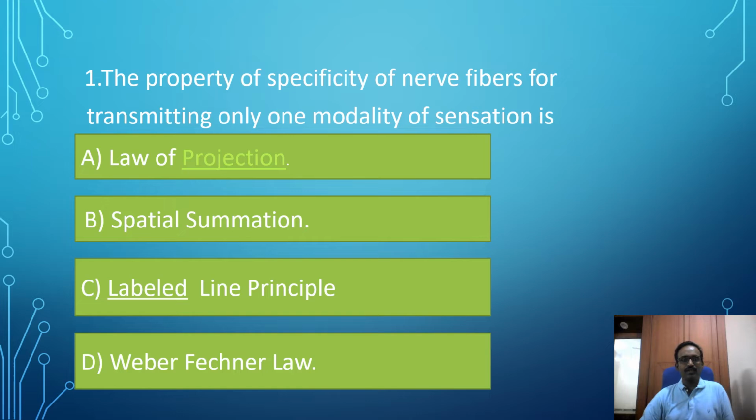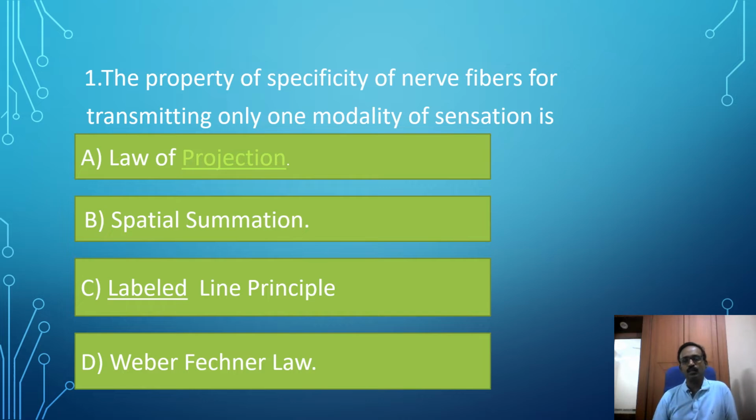The first question is a little tough question only. The question is: the property of specificity of nerve fibers for transmitting only one modality of sensation is. They gave 4 options. First option, law of projection.